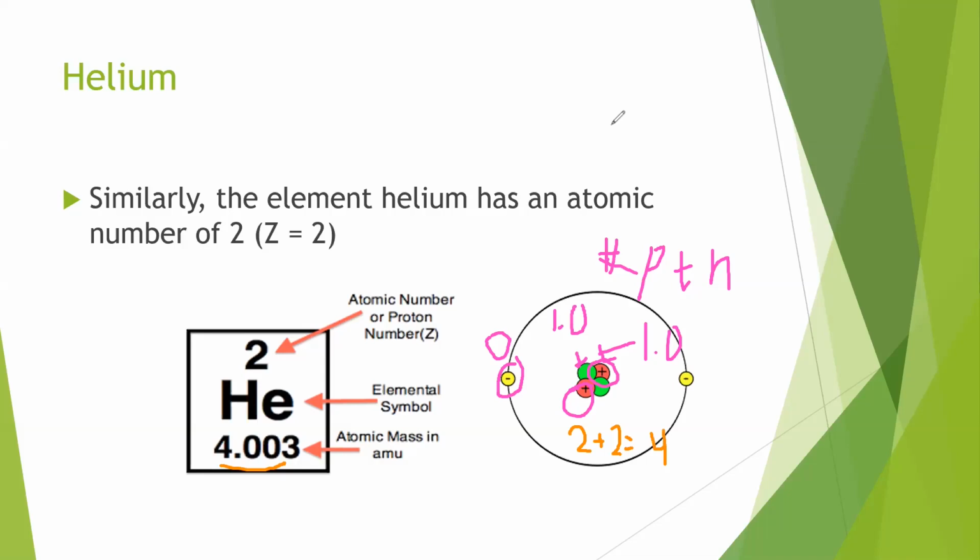But what determines an atom is the number of protons, and that's why we use the letter Z to represent 2, because in every single helium atom, there are always 2 protons. We cannot say that's true for the electrons or the neutrons, but it's true for all the protons. And here's the atomic number again, Z equals 2. Here's the element symbol, and here's the mass.